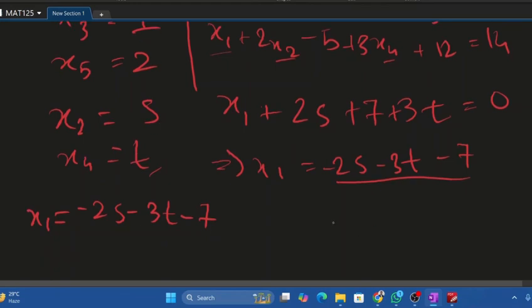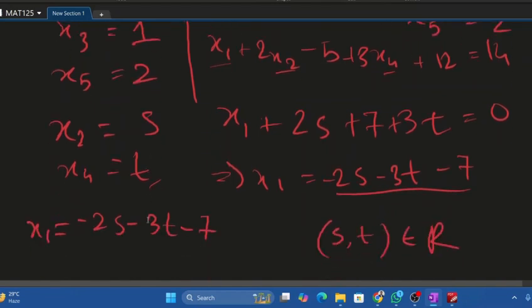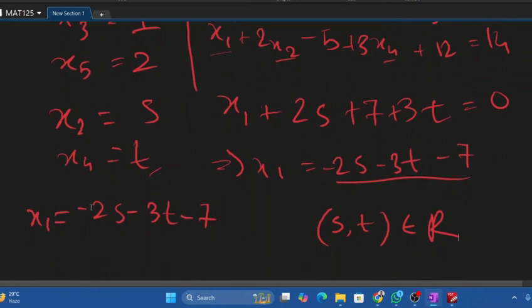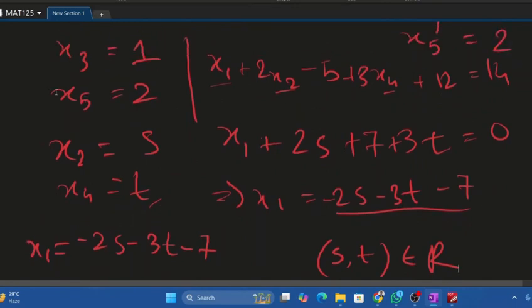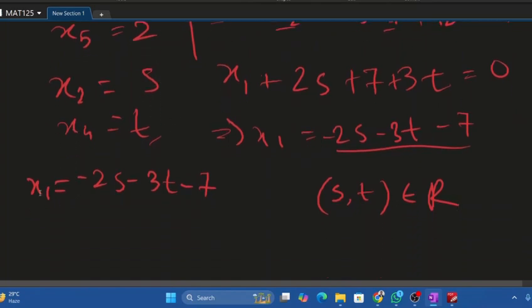So s and t belong to the set of real numbers. In that case for any values of s and t, the solution will be x3 will be 1, x5 will always be 2, x2 will be s and x4 will be t. We set values for x2 and x4, and x1 will be decided according to the values of s and t we set.